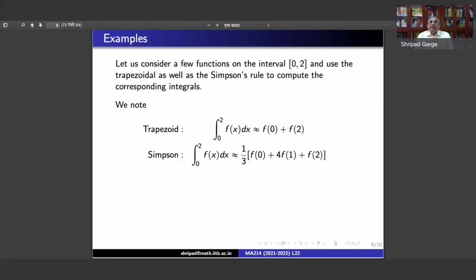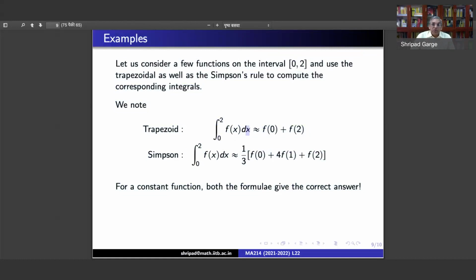Now, we are going to compute these integrals for various functions, but first put f(x) equal to a constant function, which is equivalent to saying that you just put f(x) equal to 1 throughout, and then there is a constant multiple if you have a different constant function. So f(x) equal to 1 will give you the integral by the trapezoidal rule to be f0 plus f2, which is equal to 2, because your f(x) is constant 1.